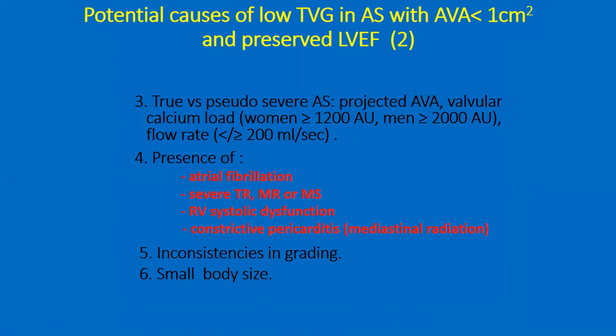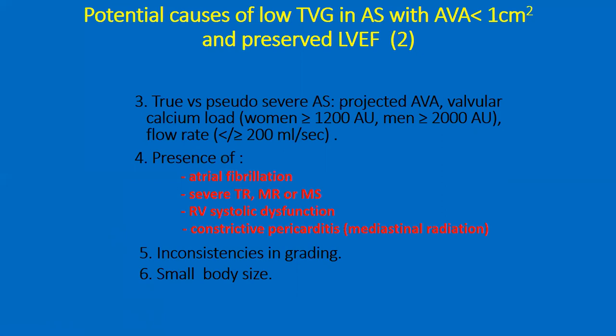And we have a few tools which we are utilizing in our daily work in differentiation between true and pseudo-severe stenosis, like projected aortic valve area, the valvular calcium load, which in women greater than 1200 Agatston units, and in men equal or more than 2000 Agatston units, stands for severe stenosis, and the role of flow rate when we evaluate these valves.